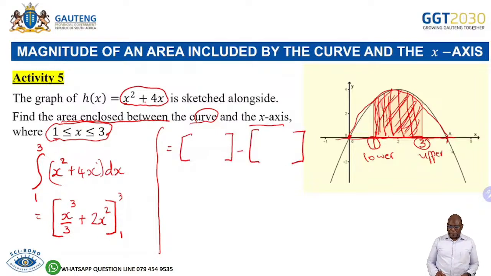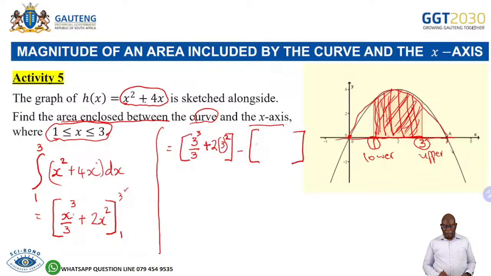Then we're going to substitute the x value by 3 first, because the 3 is the top one. So instead of x, I'm going to write 3 to the power of 3 divided by 3, plus 2 open bracket 3 squared.